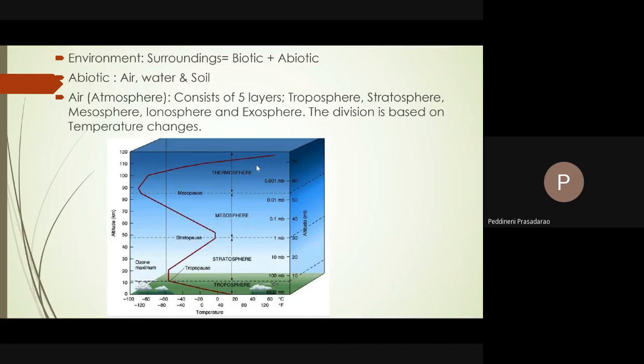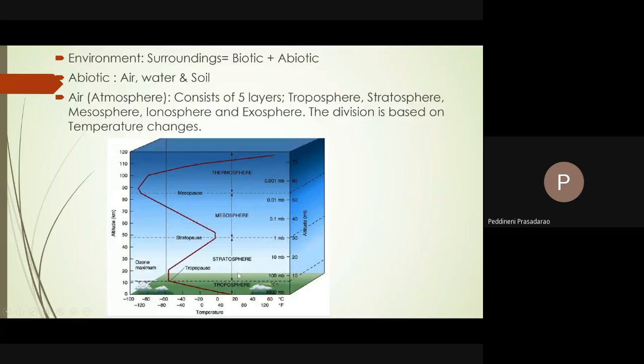The ionosphere is also very hot, and the same thing continues when you reach the exosphere. This is some information I would like to share before today's discussion on global warming.